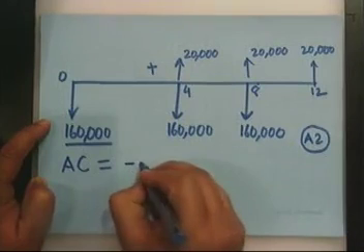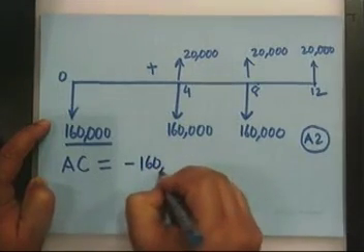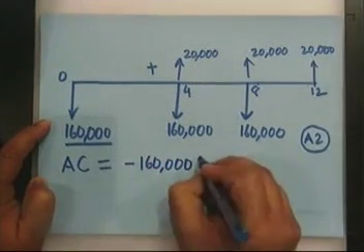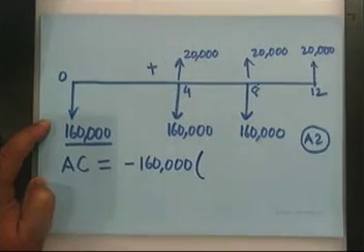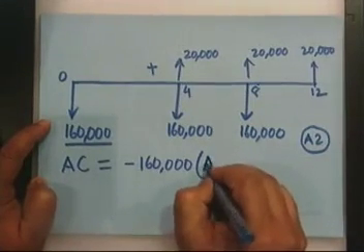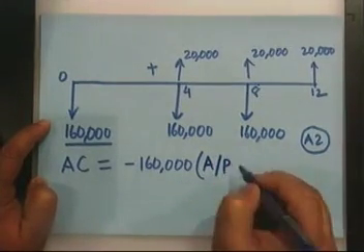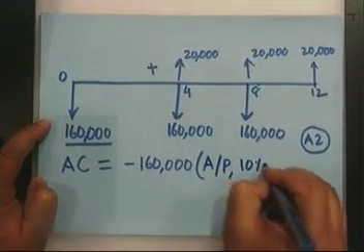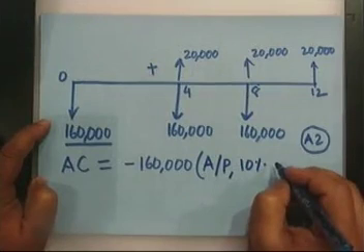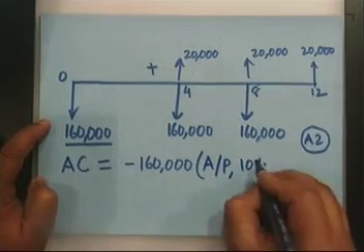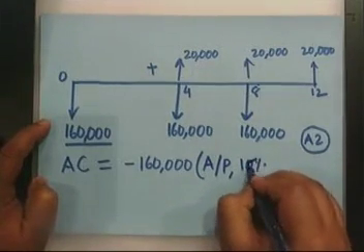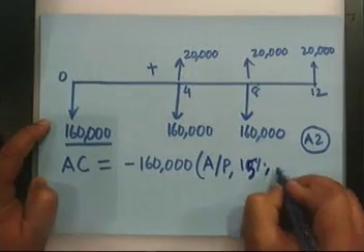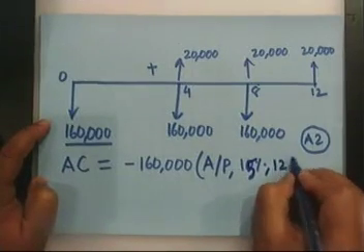This would be minus 160,000 multiplied by A given P for an interest rate of, no, the interest rate given is 15%. So, make a correction, this is 15% for a 12 year period.